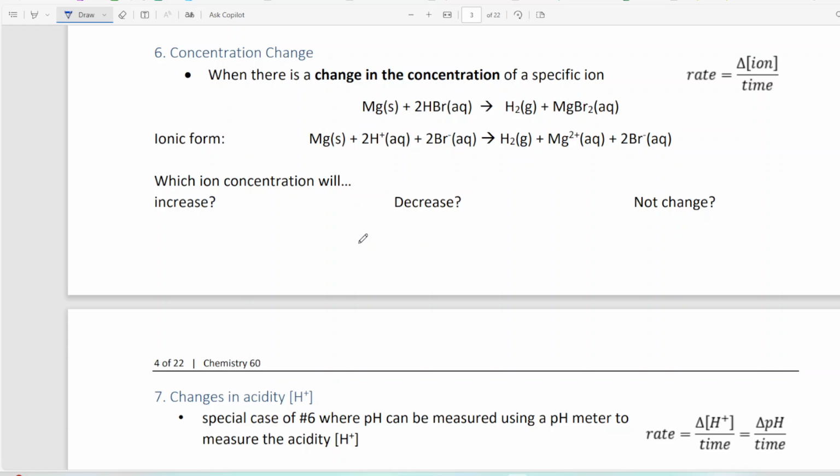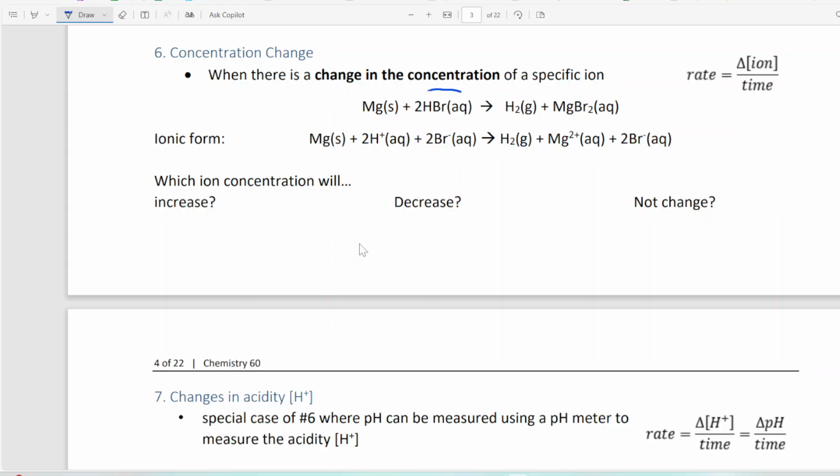The sixth one is concentration change. So when there's a change in concentration of a specific ion, then you could monitor its change in concentration over time, again, often with a spectrophotometer. So if you had a reaction like magnesium solid plus HBr going to hydrogen gas and magnesium bromide, then what would be happening on the ionic level is that you'd have this magnesium solid.